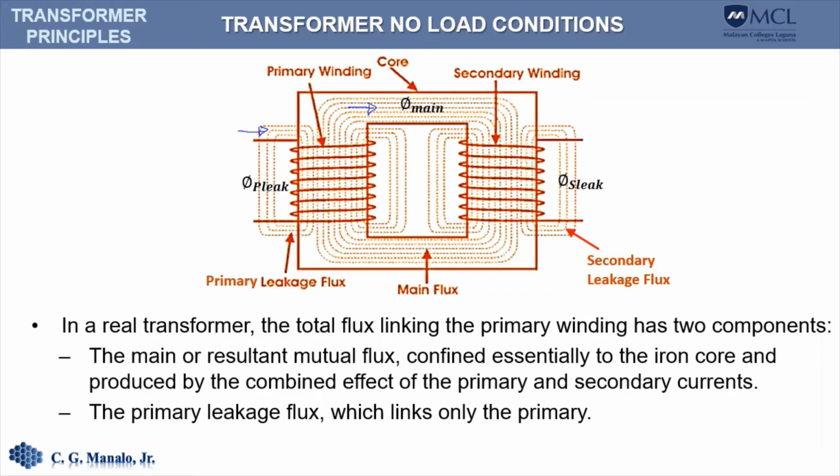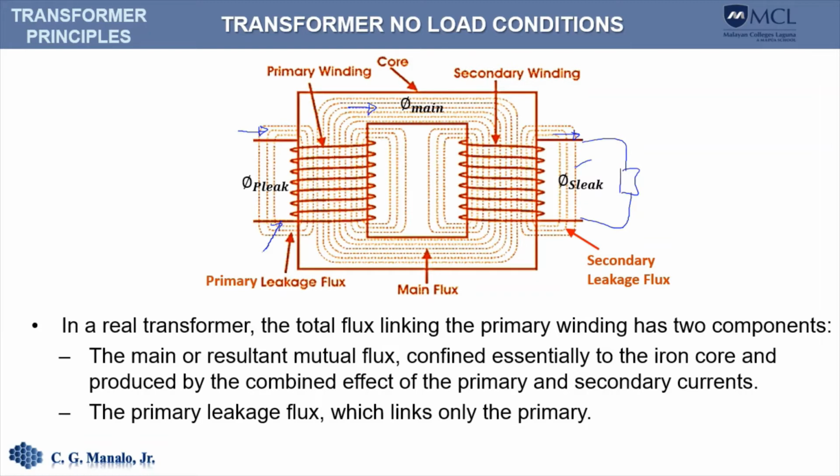This is the leakage flux here, and the main flux, the one inside the magnetic circuit, also links the secondary winding. Now, if this secondary winding is drawing current, because let's say there is a load connected there, the secondary winding will also exhibit a leakage flux. We call that phi sub S leak.